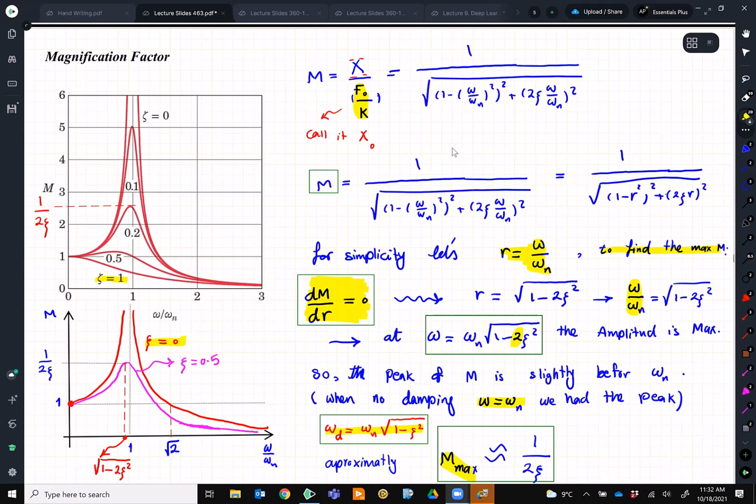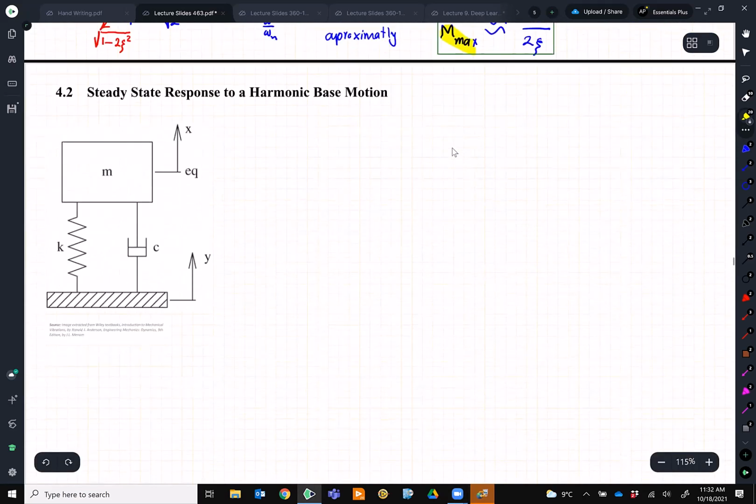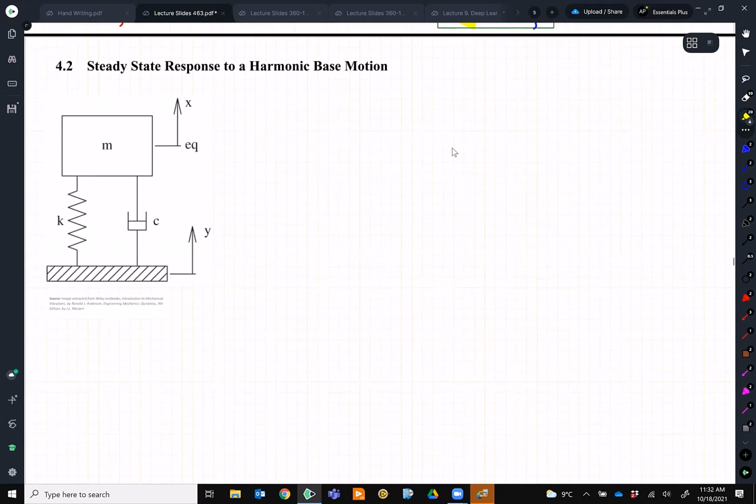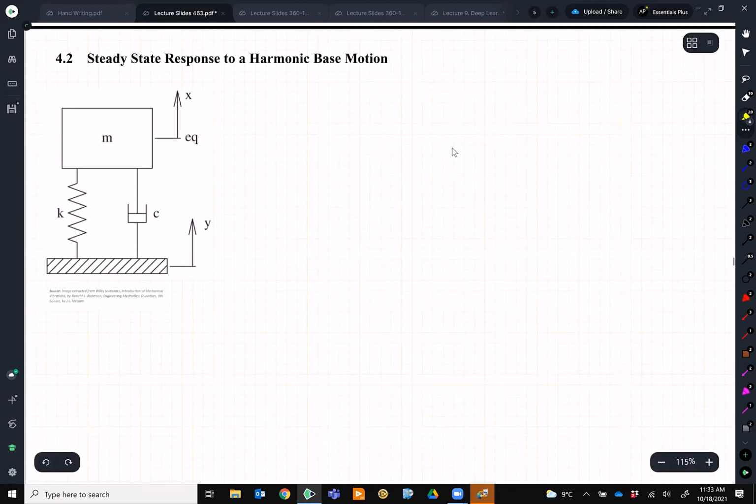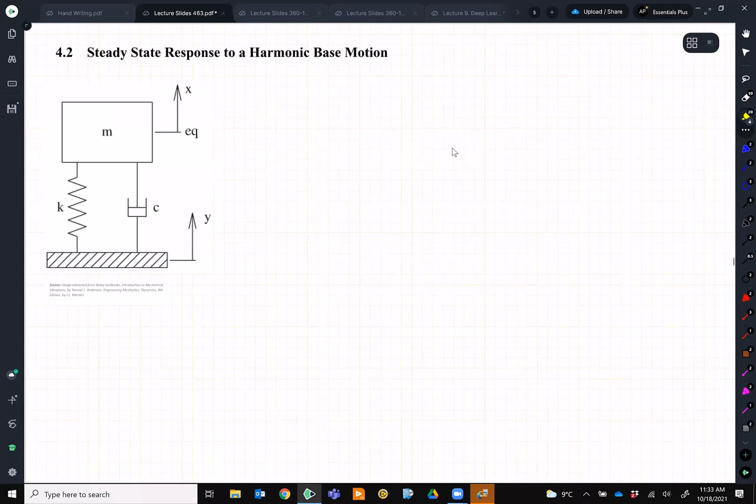All right. So now let's solve a more practical problem, and that is the base motion. We solved the base motion before when there was no damping, and now we added damping to the system. So again, we assume that this base has a harmonic motion, y, sine omega t.